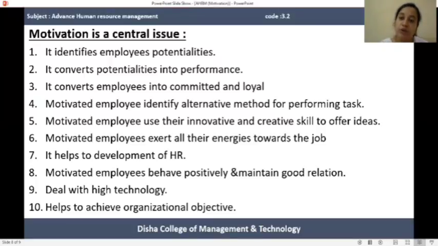The organization wants to motivate its human resource to achieve the objective by encouraging them to exert a high level of effort. If they put in their total potential and high effort for improving productivity, then only is it possible for the organization to achieve its objective.